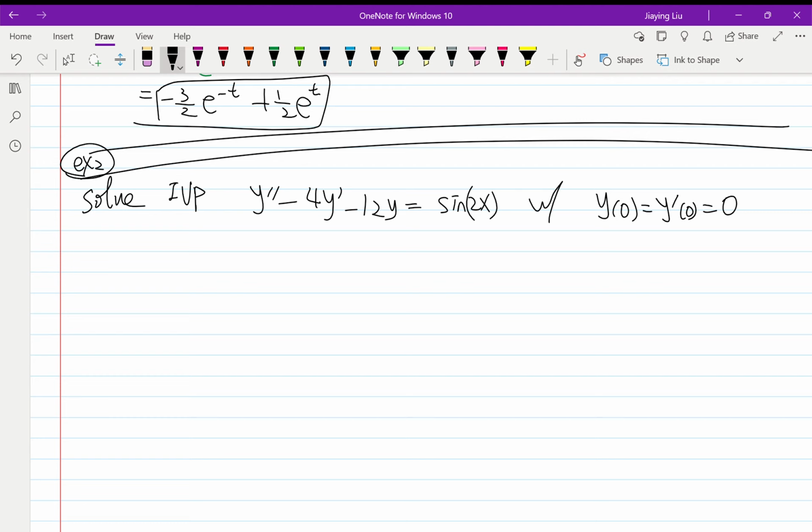So the first thing, we're going to take the Laplace transform of every term. I'm not going to write down everything step by step. I'm going to apply the Laplace transform to every term, but also pull out the constants.